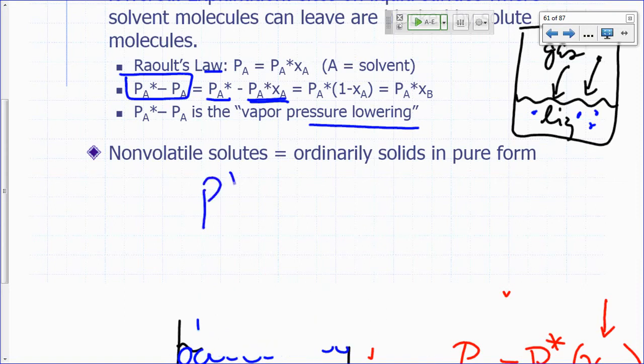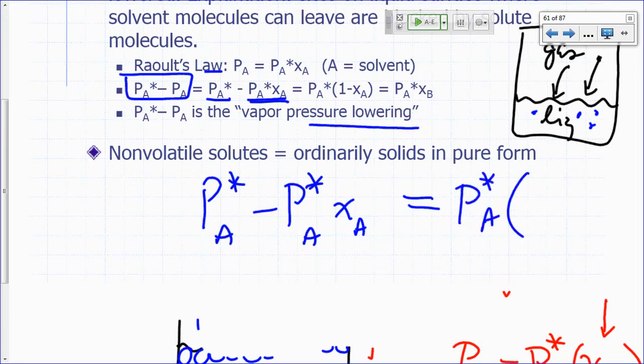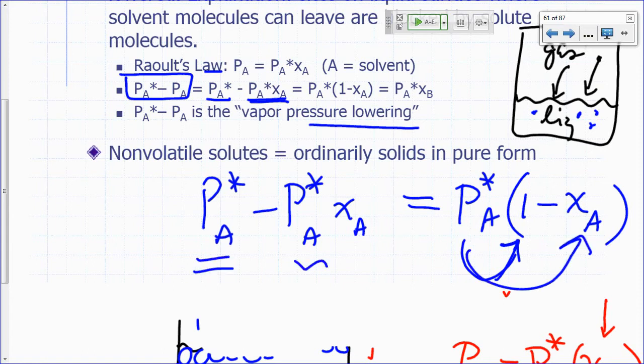I can factor out P star A. What's left inside is 1 minus X of A. Distributive property: P star A times 1 is P star A, and P star A times XA is P star A times XA. But what is 1 minus the mole fraction of A?